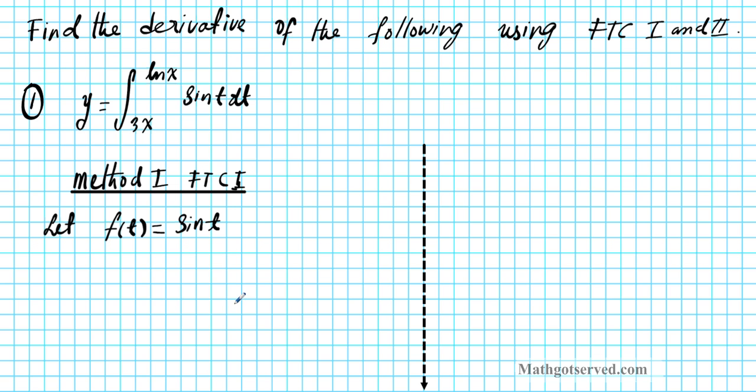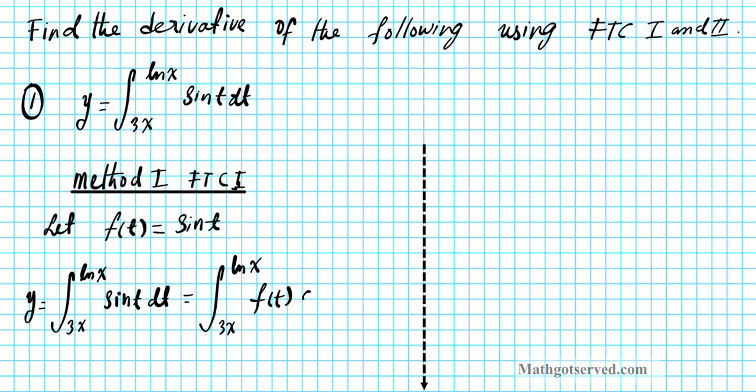Now we can rewrite the function y equals the integral from 3x to ln x of sine t dt as the integral from 3x to the natural logarithm of x of f of t dt.